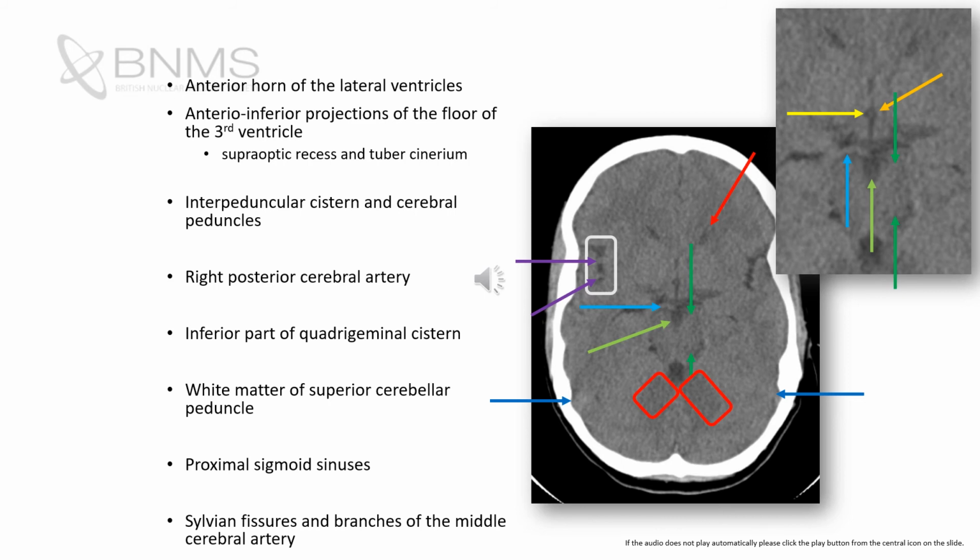The orange arrow is indicating the anterior and inferior projection of the floor of the third ventricle. This is the supraoptic recess and is going to contain the tuber cinereum, the stalk of the pituitary.